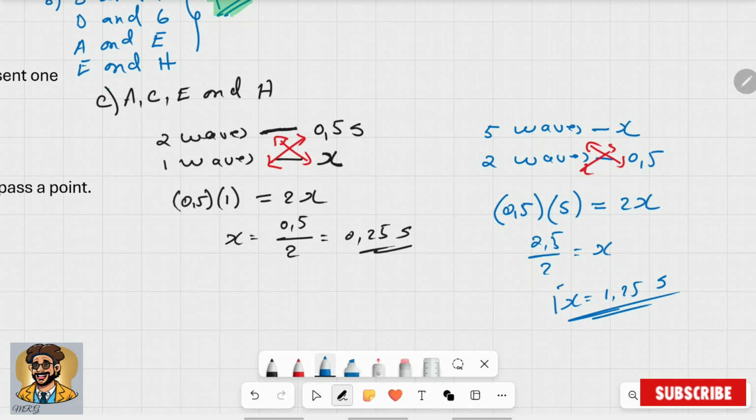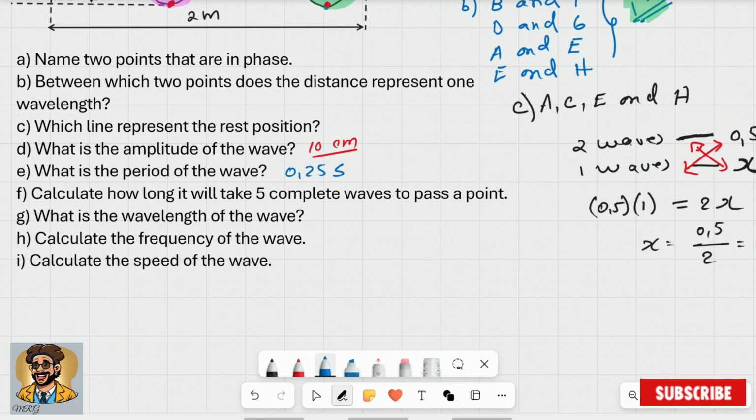That is the answer. 5 waves will take 1.25 seconds to pass a point. Was that clear? So that answer is for here. Let me clean that one. 1.25 seconds. There we go.